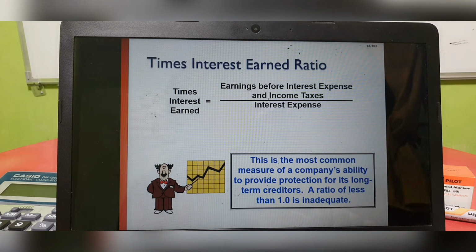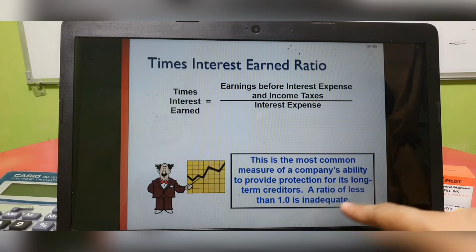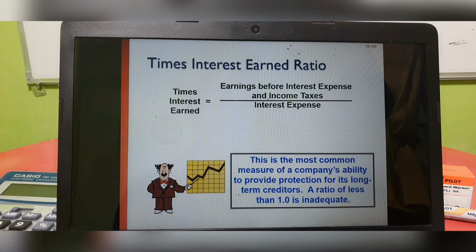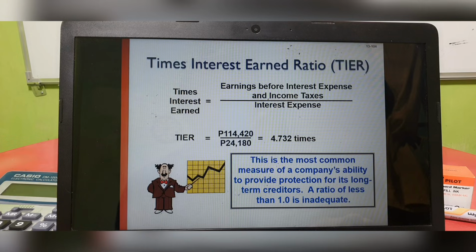Times interest earned ratio. It is a coverage ratio. Are we capable of paying our interest? Tapos sabi rito, a ratio of less than 1 is inadequate. Ibig sabihin, earnings before interest and taxes, kung mas mababa kaysa sa interest, hindi natin kaya magbayad ng interest. Okay?